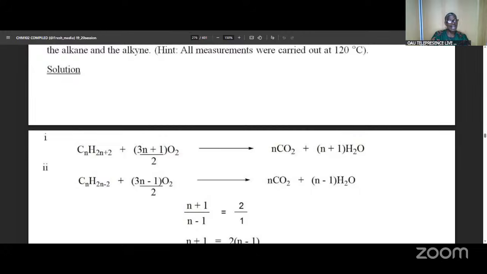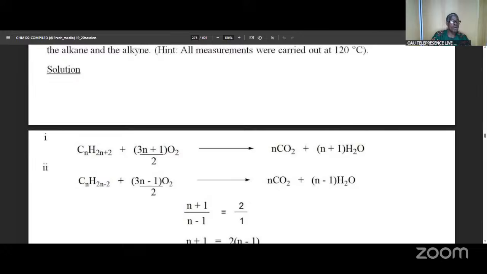The combustion reaction will give, for the alkane, CnH2n plus 2 plus (3n plus 1)/2 O2, giving nCO2 as product plus (n plus 1) H2O as product.